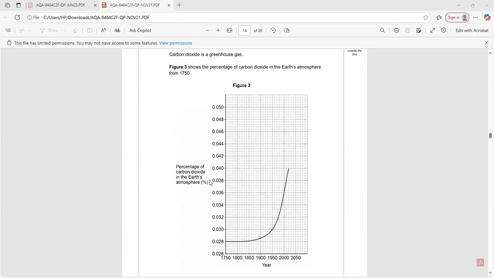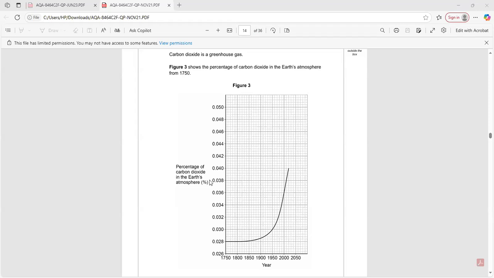Okay, here they confirmed something that we just said. Carbon dioxide is a greenhouse gas, true. It now says figure 3 shows the percentage of carbon dioxide in the Earth's atmosphere from 1750. Wow, that's a long time. You can see clearly that in 1750 that was not the age of industrialization.